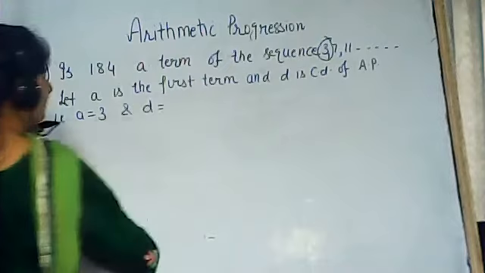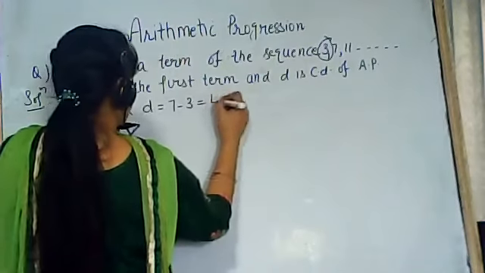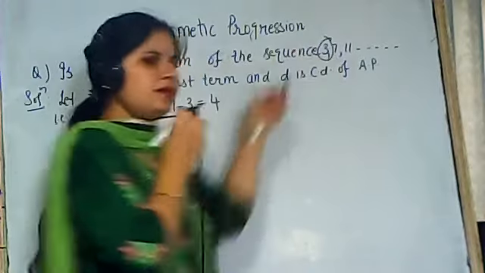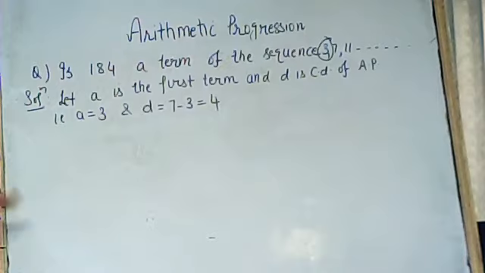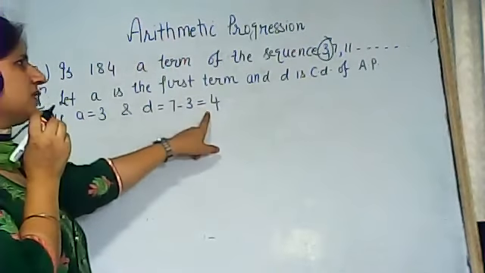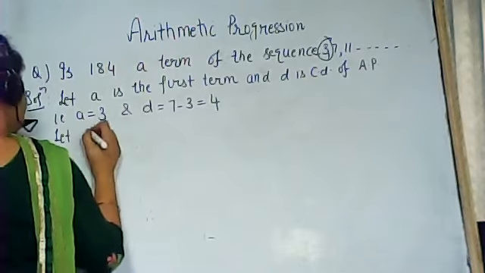And what is the difference? D is equal to second term minus first term, which is equal to 4. Again, third term minus second term will again be equal to 4. It means we have been given a sequence whose first term is 3 and common difference D is equal to 4.